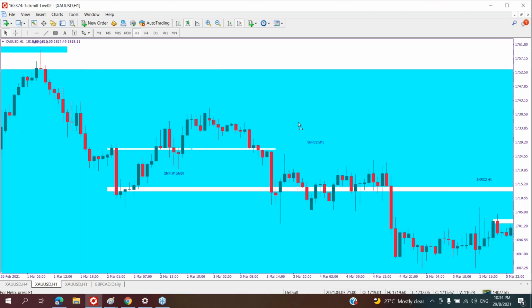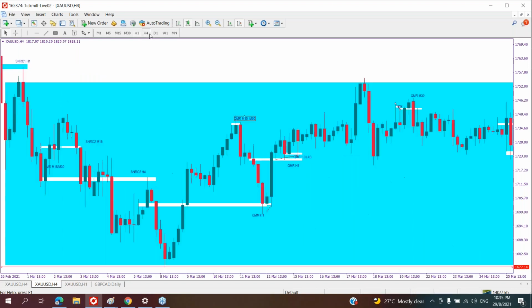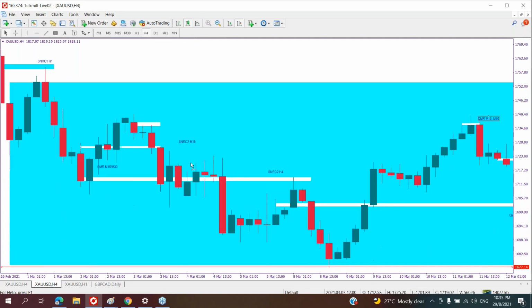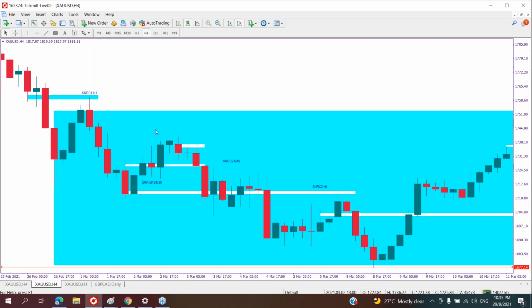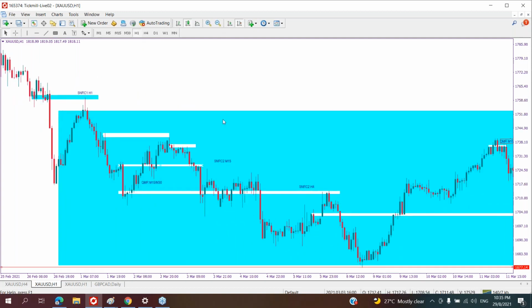But in my recorded video, I closed when the price reached a little bit of profit in here, because I can see in H4 that price already reacted and made a bearish engulfing, and in H1 there's a supply zone over here, so I don't feel good to keep on buying.